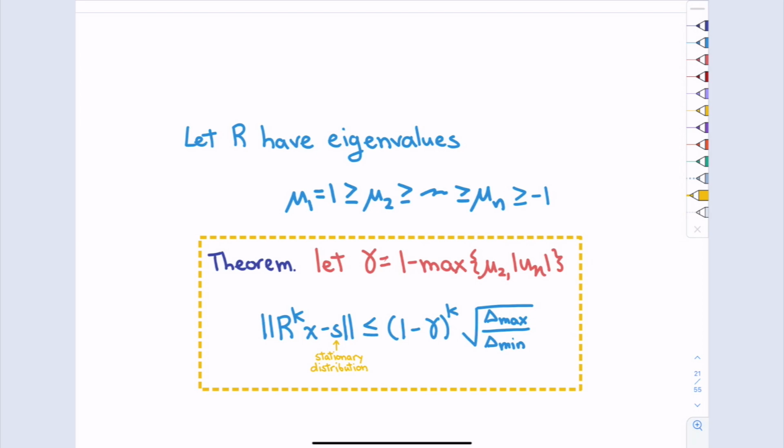Roughly exponential in gamma, where gamma is the difference between the first eigenvalue 1 and the biggest absolute value among the second through the nth eigenvalues.